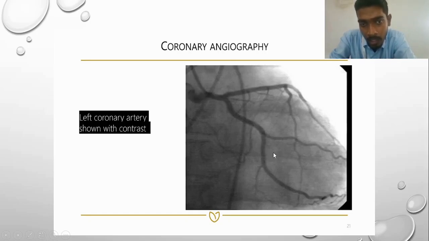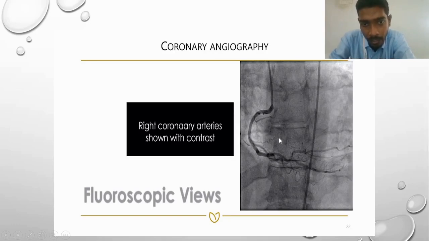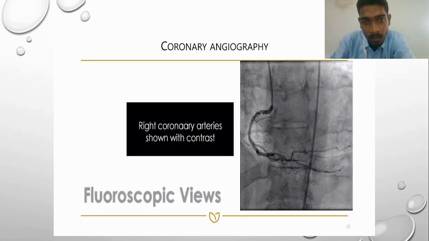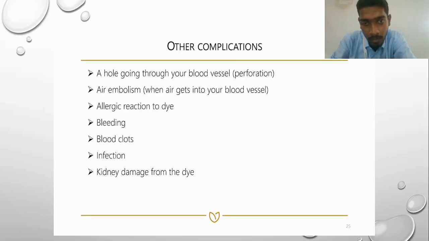With more opacity, we can read the patient's coronary disease. This is the right coronary artery, and this is the left coronary artery shown with the contrast. If the patient gets contrast, we can assess the image; otherwise we cannot assess the image through the fluoroscopy image.